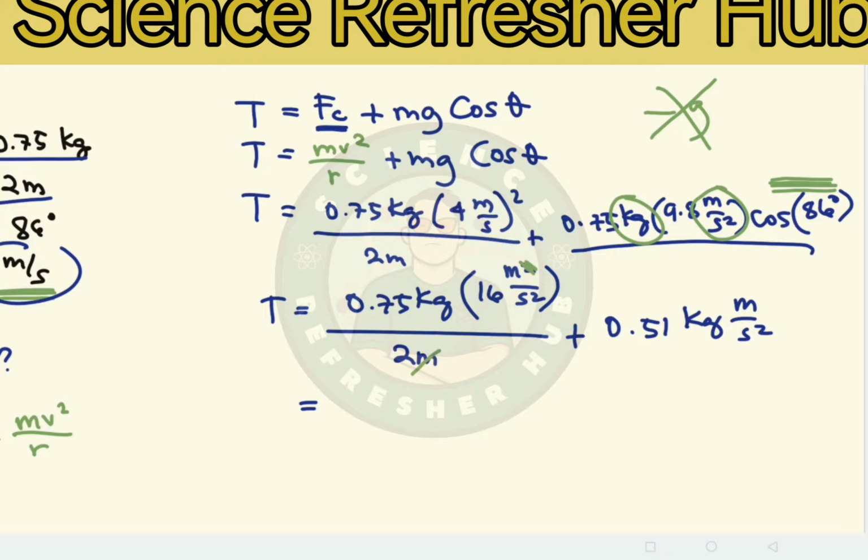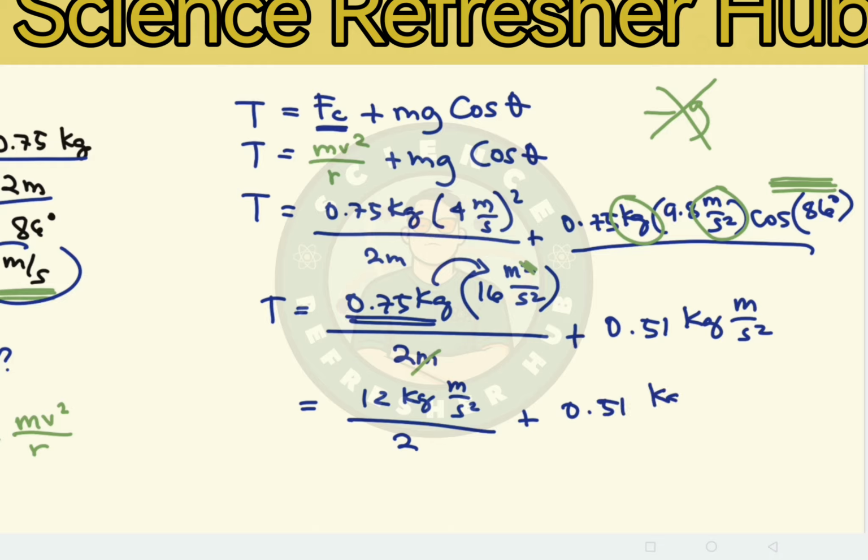Next, we're not yet done. We need to divide the product of 0.75 multiplied to 16. So 0.75 times 16, the product is 12 kilogram meter per second squared. And then let's divide it by 2.